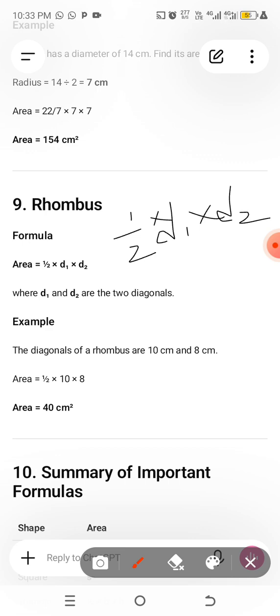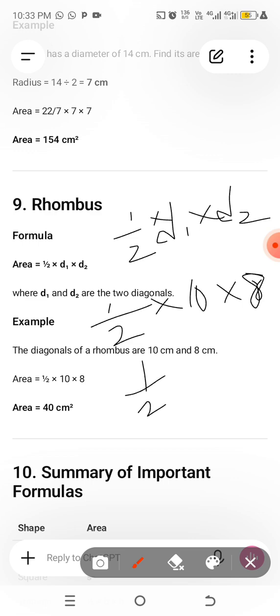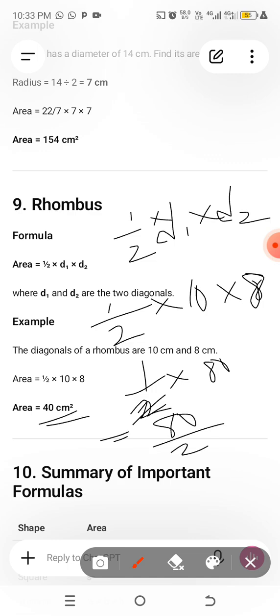If the diagonals of the rhombus are 10 centimeter and 8 centimeter, we have 1 over 2 times 10 times 8. That will be 1 over 2 times 80, which is also the same as 80 over 2. That will be 40 centimeter square.